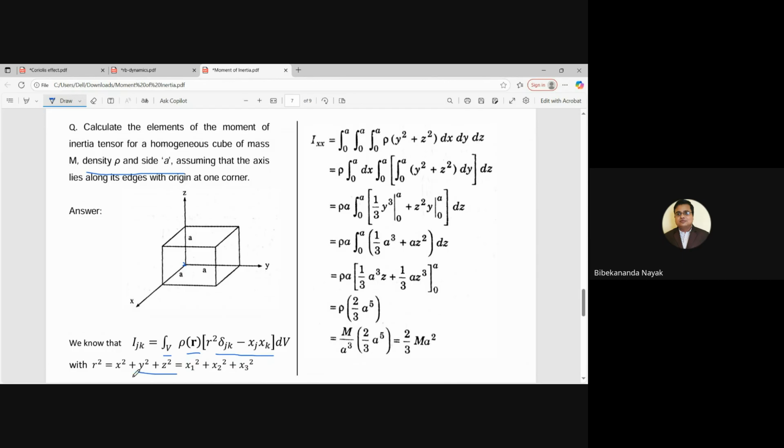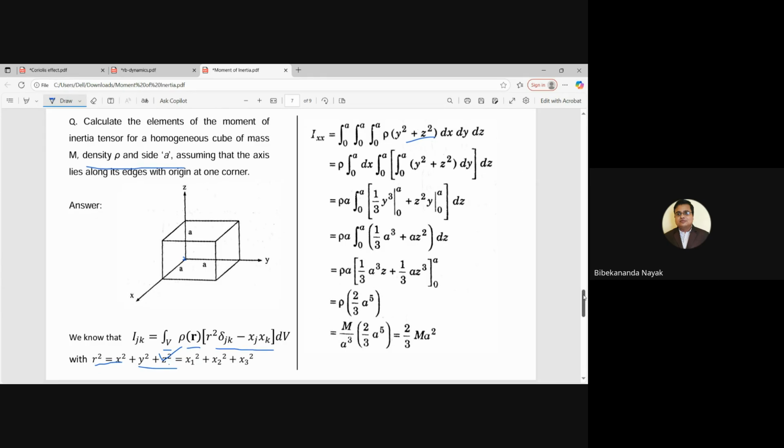R square is x square plus y square plus z square, so r square minus x square is obviously y square plus z square. So I write here y square plus z square, and the volume integral: integration along x, integration of y, integration of z. Since it is a cube and its length is a, in every direction it is the same: along x is a, y is a, and z is a.